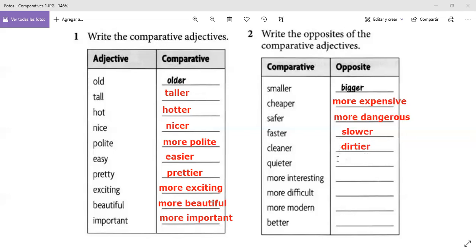Quiet, in this case. Quiet is a person who doesn't talk, like Emma, you are a quiet person.